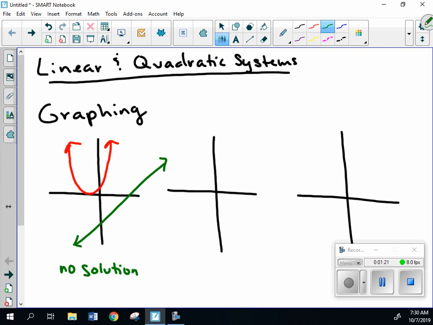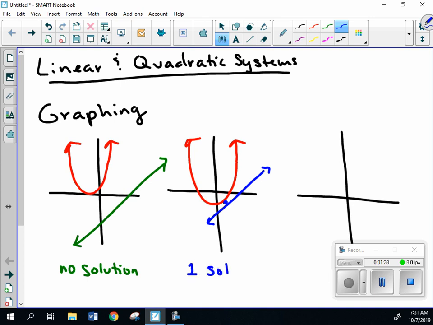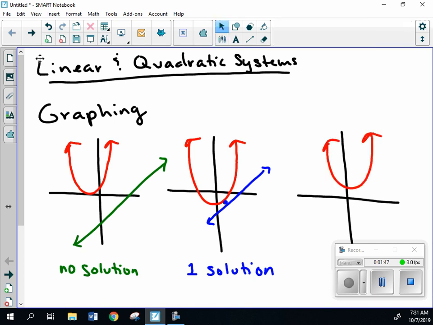There is an option for a one solution. It's going to look something like this, where it just touches it once. And then there will be an option of a two solution.